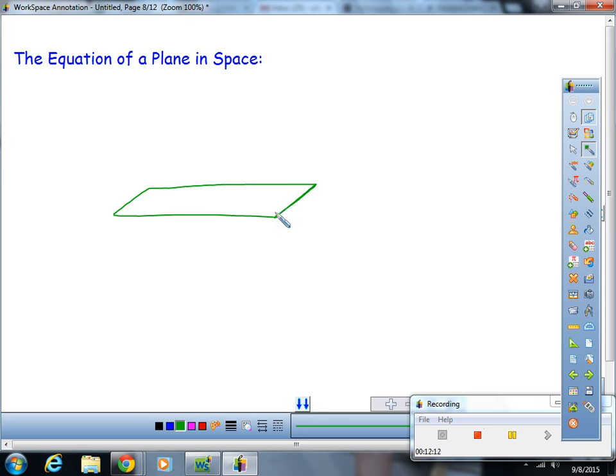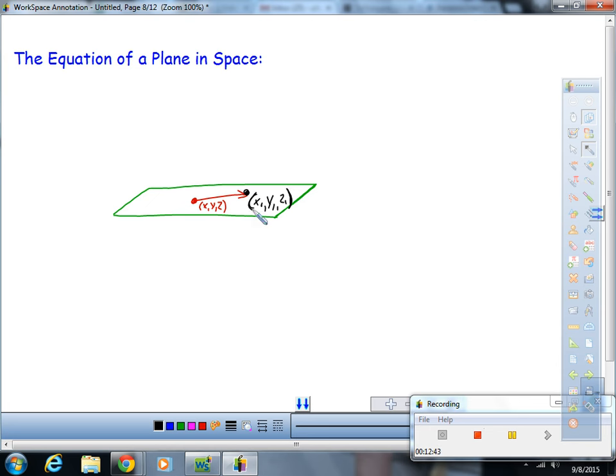Okay, imagine you had a vector in a plane that started, let's say, from x comma y comma z and traveled over to x1 comma y1 comma z1.